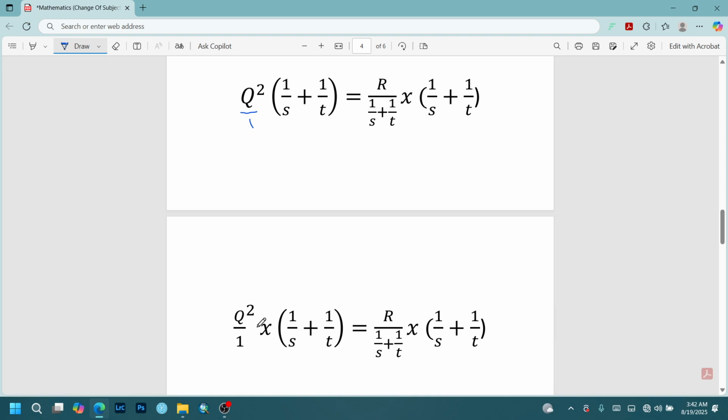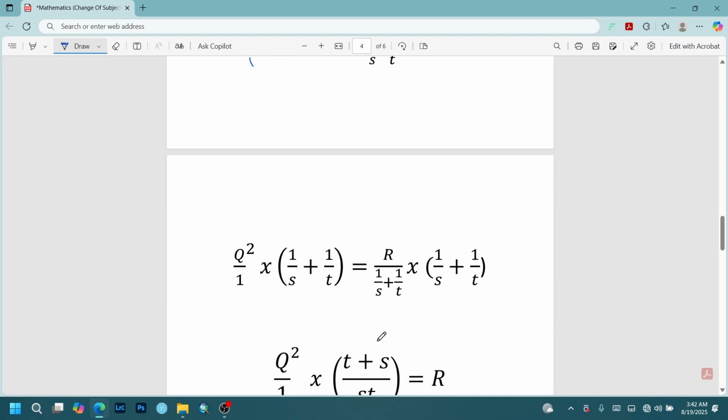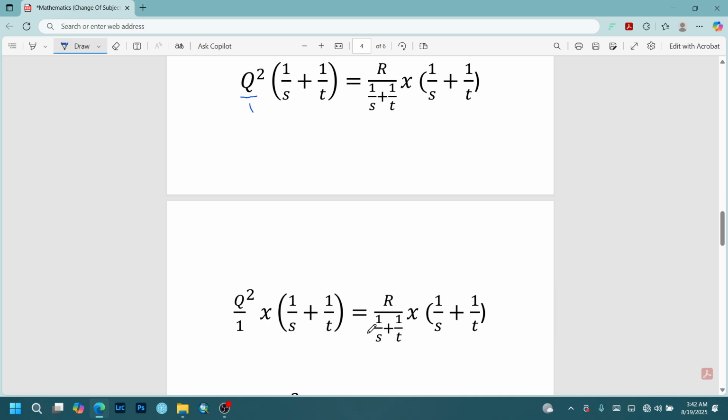So in doing our multiplication, right, this fraction 1 over S plus 1 over T will cancel out itself with the fraction 1 over S plus 1 over T here.